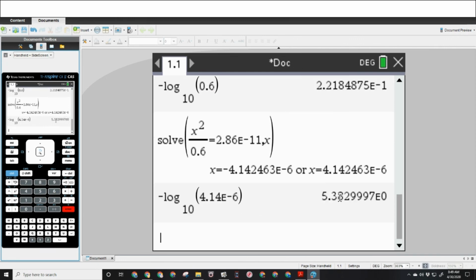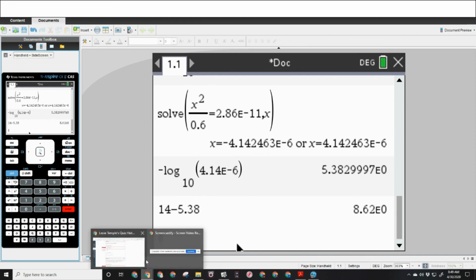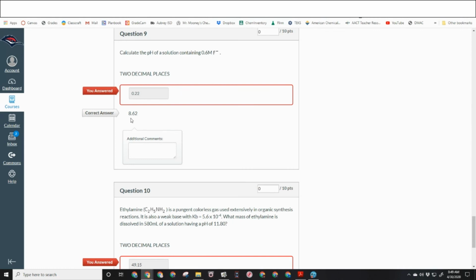All right, so that gives us a pOH of 5.38, but we want pH. So we take 14 minus 5.38, and that gives us 8.62. All right, so is that the answer we should have got? 8.62.